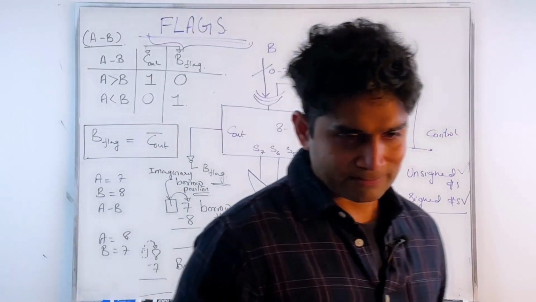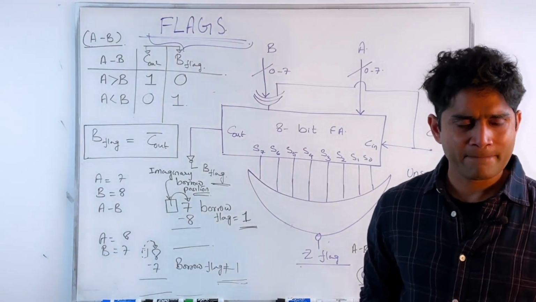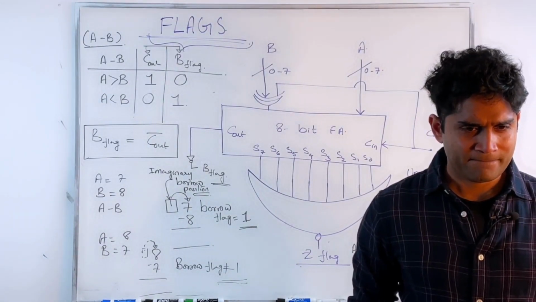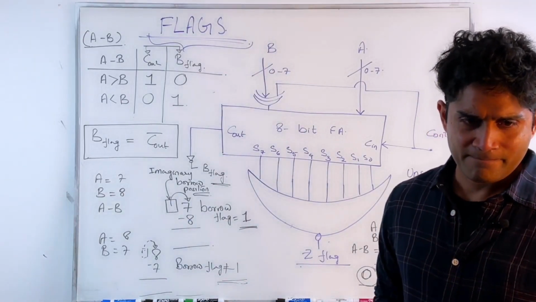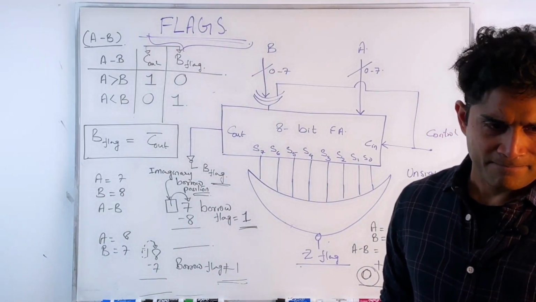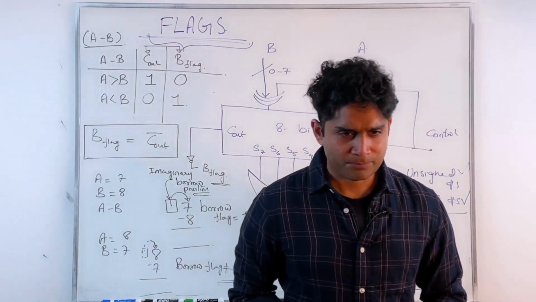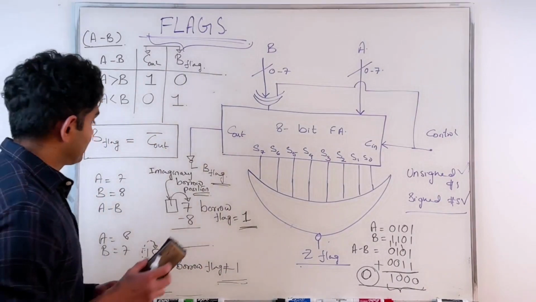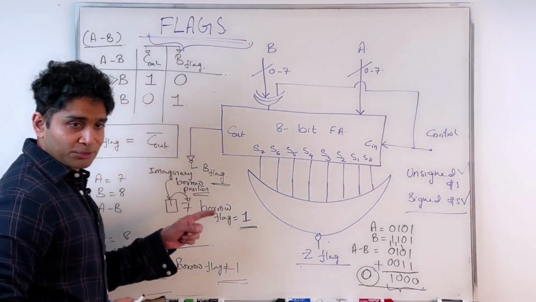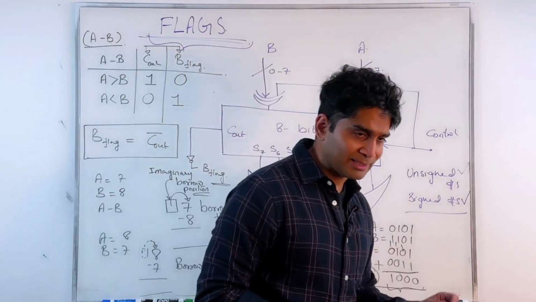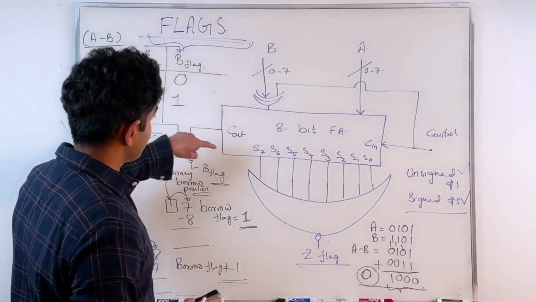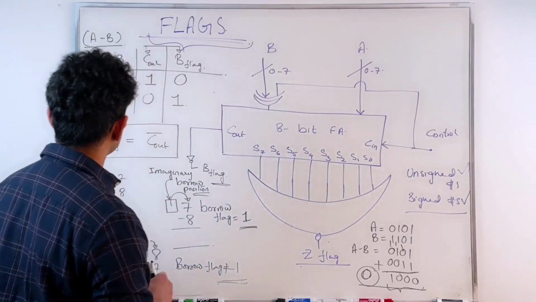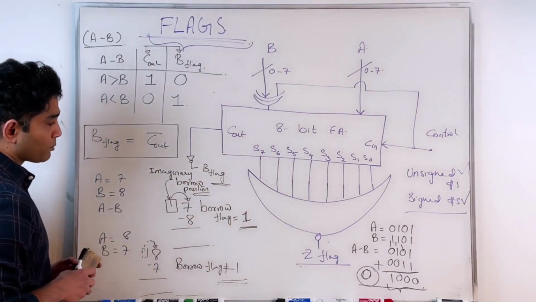Jacob, you're all good? Okay, I hope you're there listening. But anyway, that's the relationship. I'm trying to come up with a flag that can indicate, for unsigned operations, the relative magnitude between two numbers. So that B flag is Cout prime.